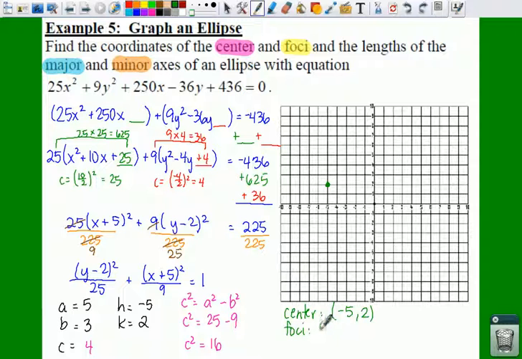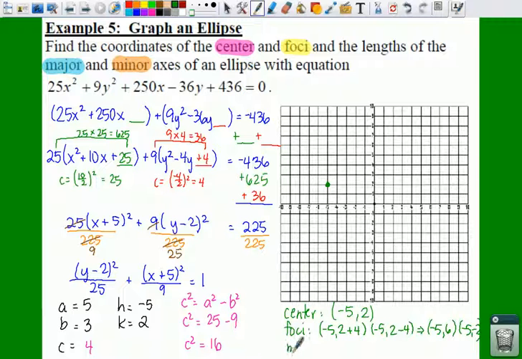So we're going to take negative 5, comma, 2 plus 4, and then we also have negative 5, comma, 2 minus 4. Now, since you can simplify these, make sure you do that. Some of you like to leave it just like this. Well, 2 plus 4 is 6. And then the other focus would be at negative 5, comma, negative 2.